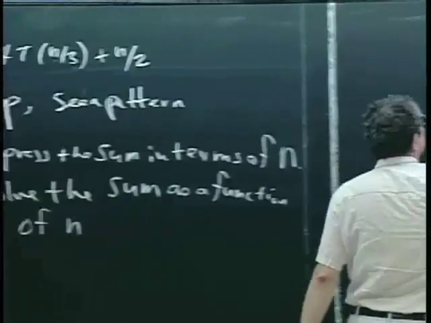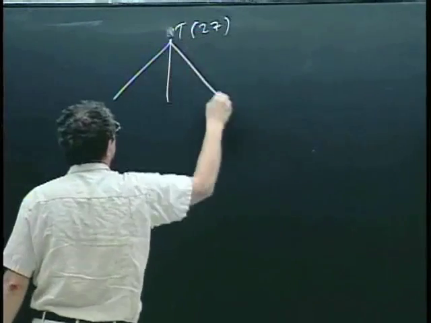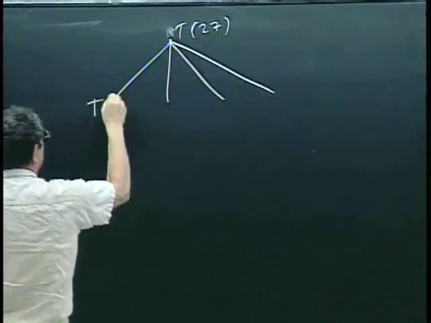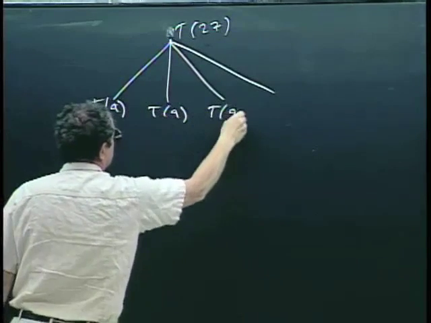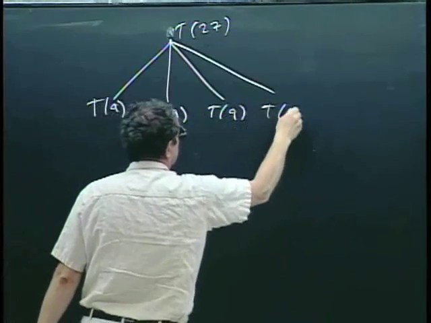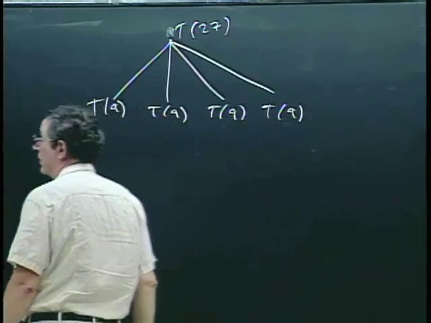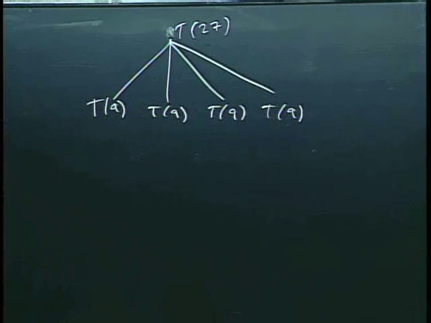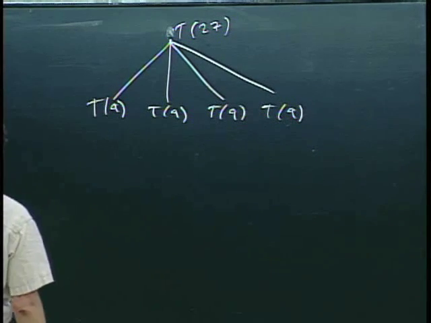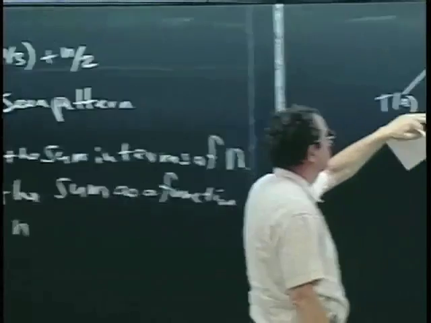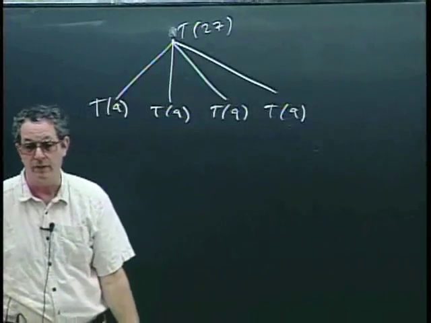So we want to know what T of 9 is. Oh, I forgot the base case here. That's just T of 1 equals 450. Okay. So according to the recurrence relation over there, T of 27 is 4 times T of 9 plus what?